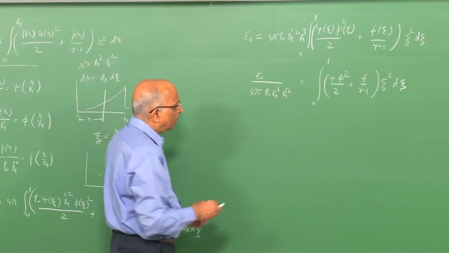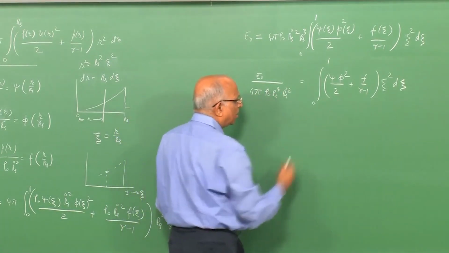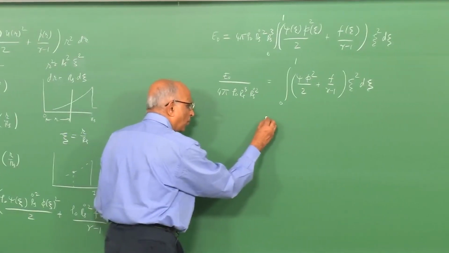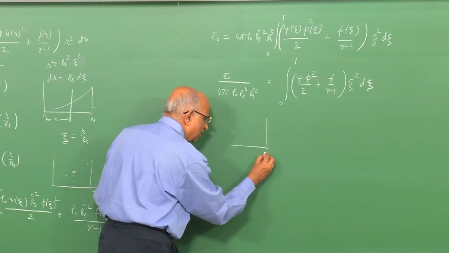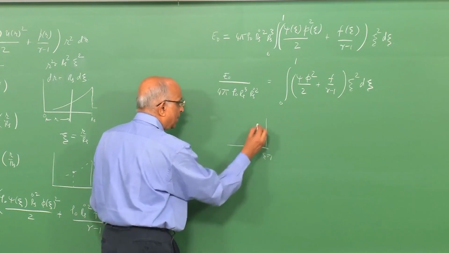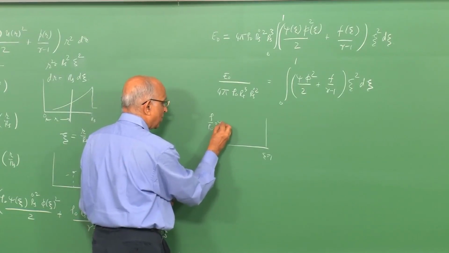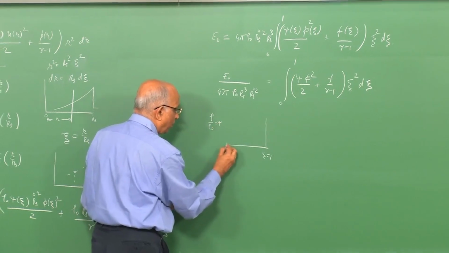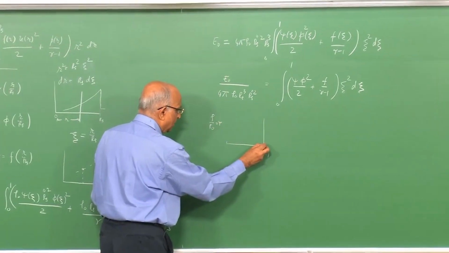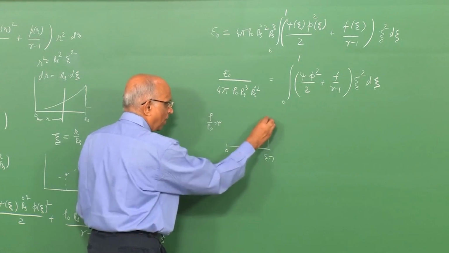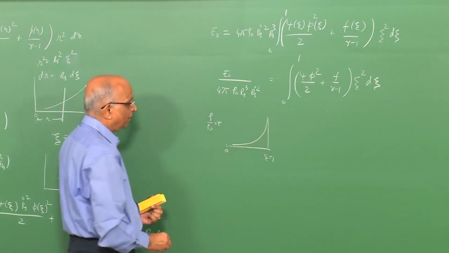If I look at this expression a little more closely, yesterday we looked at this point also. We said, well, zeta is equal to 1. At zeta is equal to 1, if I am interested in rho by rho 0, which is equal to your psi, and psi we are plotting between zeta equal to 0 to zeta equal to 1, we found, well, the slope is like this.